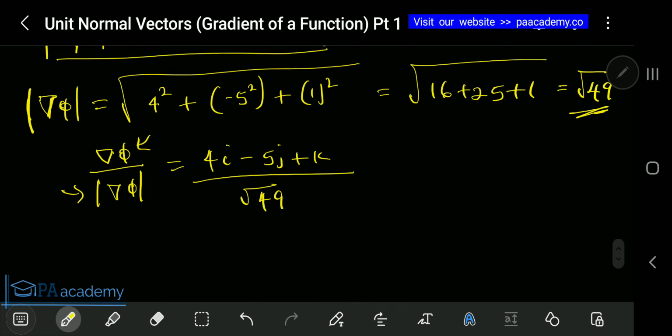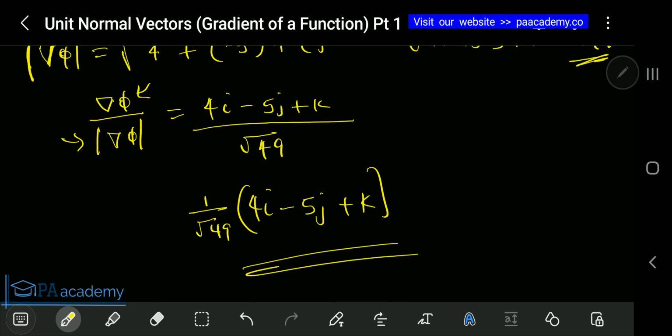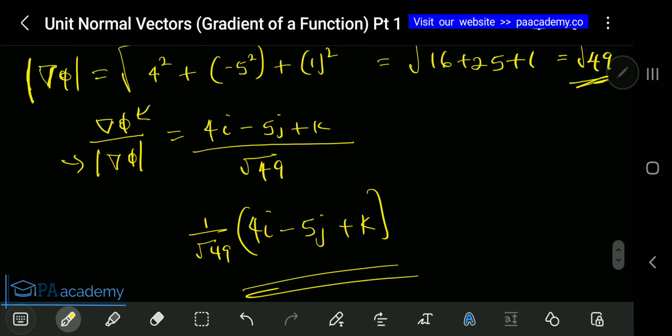So you can leave your answer like this, or you just go ahead and write it as 1 over root 49 in brackets 4i minus 5j plus k. So whichever way suits you, you can also write it like this.